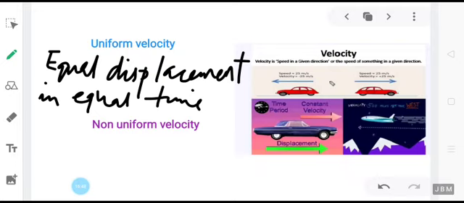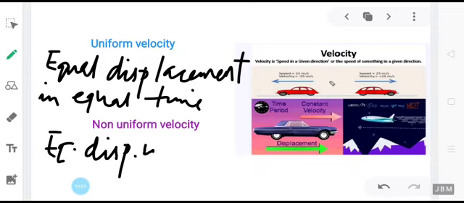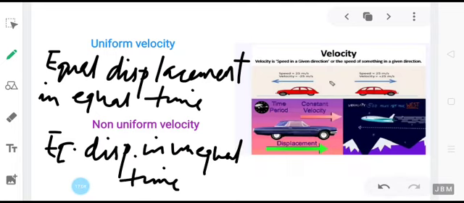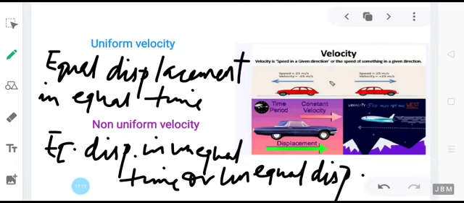Whereas in case of variable velocity or non-uniform velocity, an object is said to be moving with a variable velocity if it undergoes equal displacements in unequal time or unequal displacements in equal time.